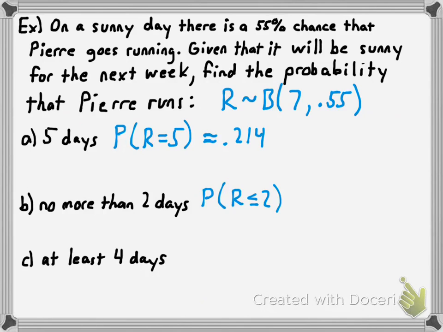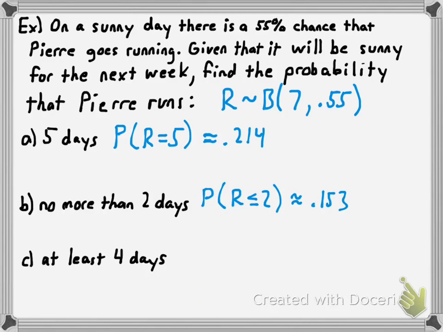Now this is pretty small, as you might expect. The probability that he goes running no more than 2 days is only about 15.3%, to 3 significant figures. All right, if he goes 55% chance on any one day, he's probably going to go more than 2 days, you would think, right?